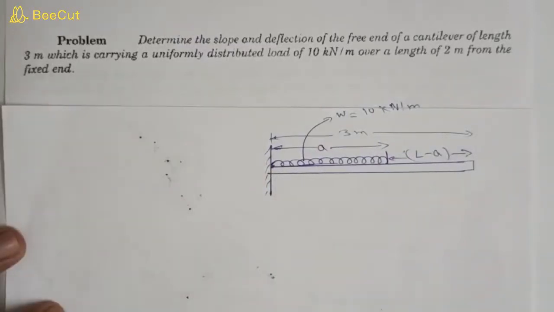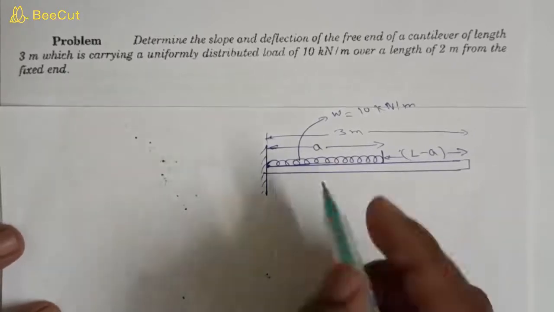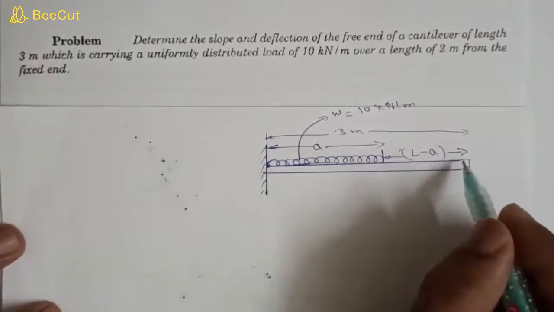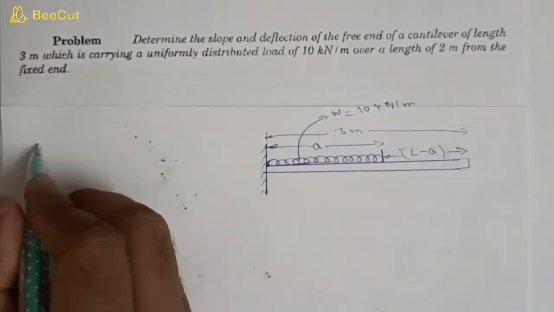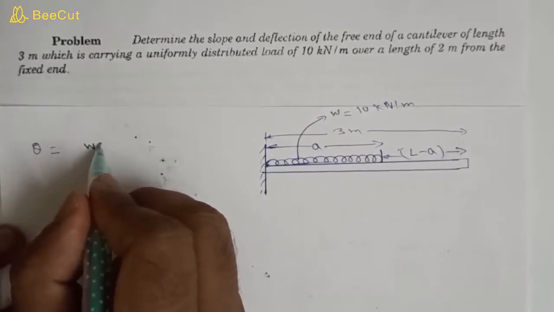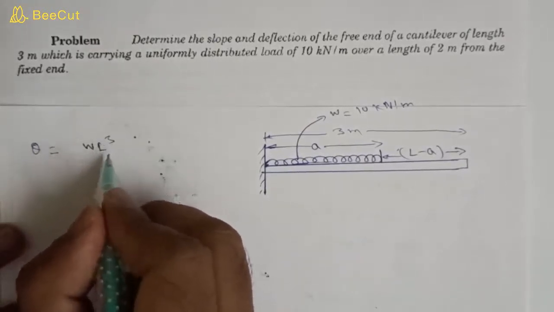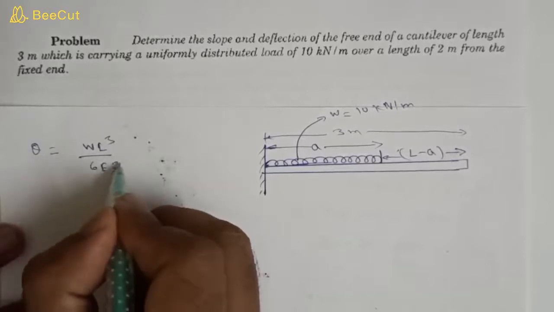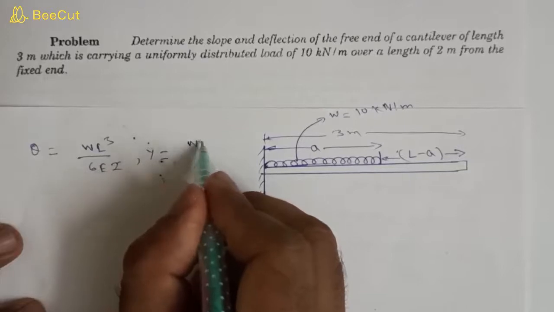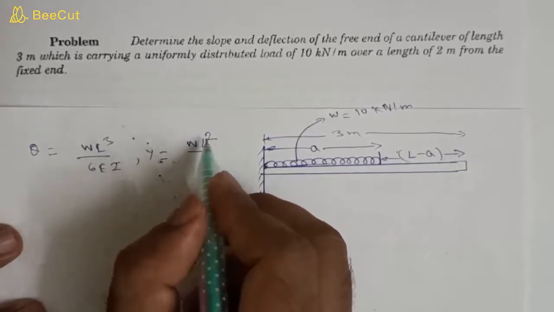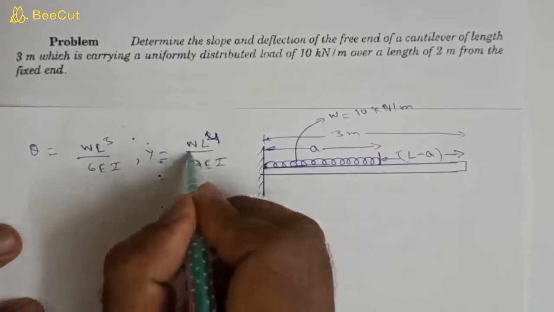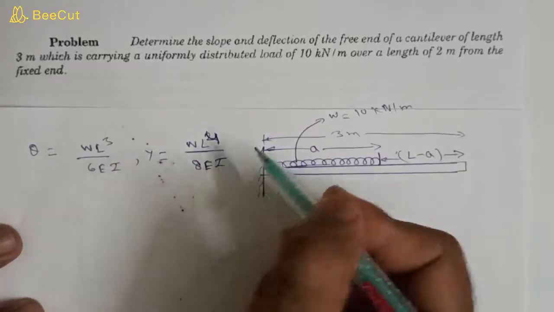So friends, in the previous video we have seen that if the UDL was throughout the length of the beam, then the slope theta would be WL cube upon 6 EI, and deflection would have been WL to the power 4 upon 8 EI. We have derived this in the previous video. If you want, you can see that.